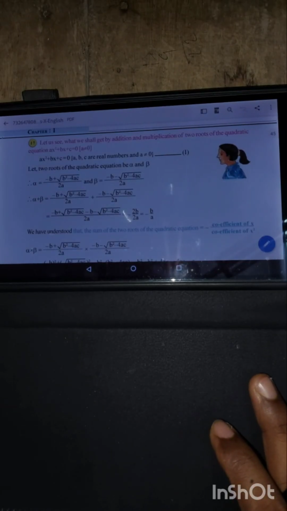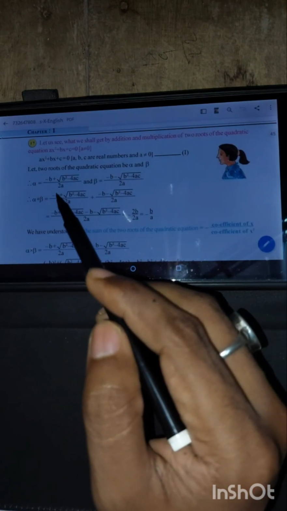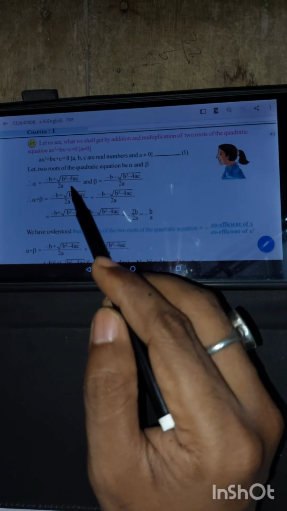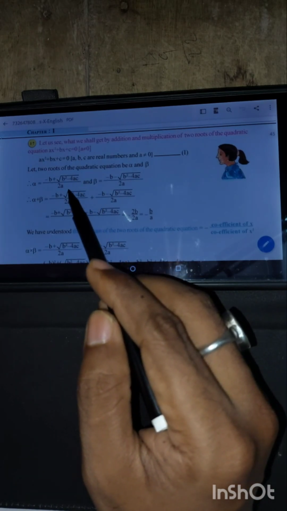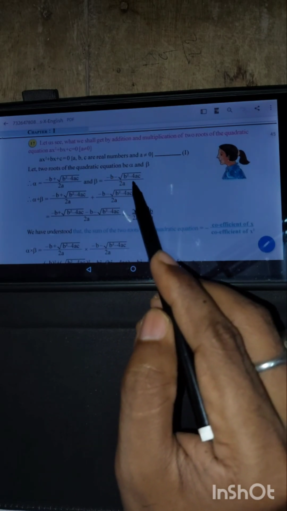We have to remember one thing, that if we add the two roots of a quadratic equation, that is minus b plus root over b square minus 4ac by 2a and minus b minus root over b square minus 4ac by 2a.